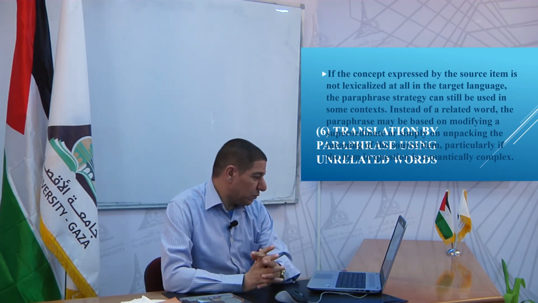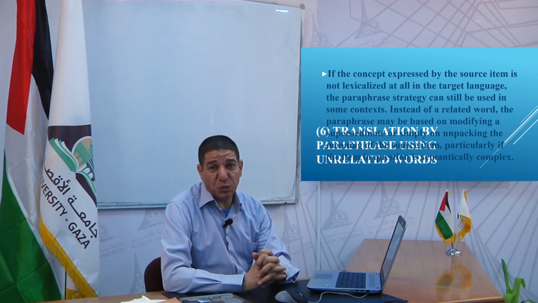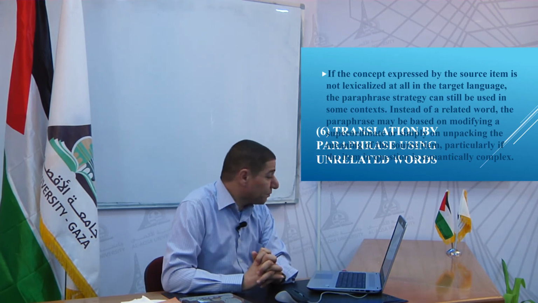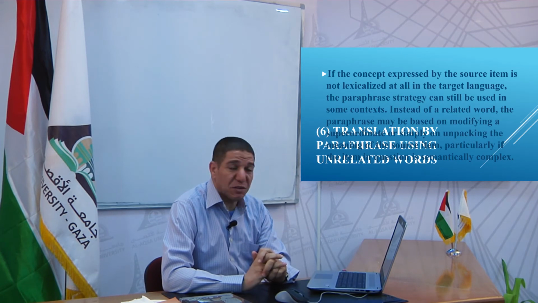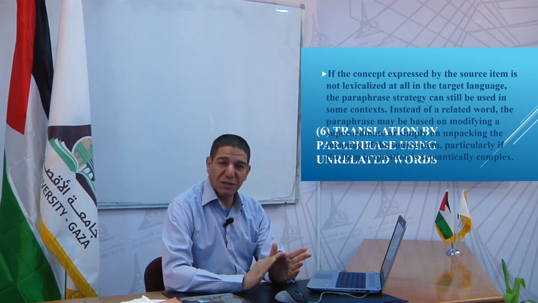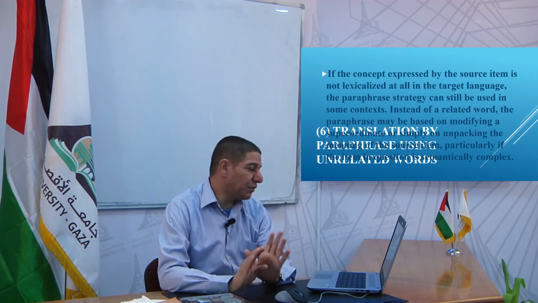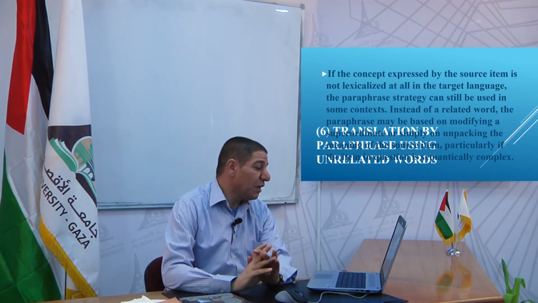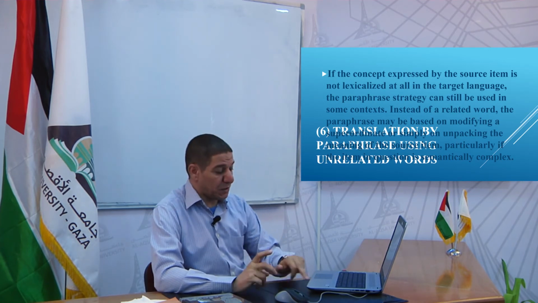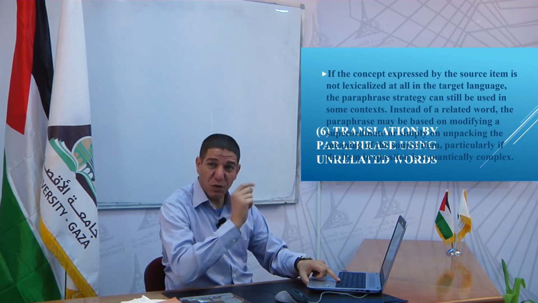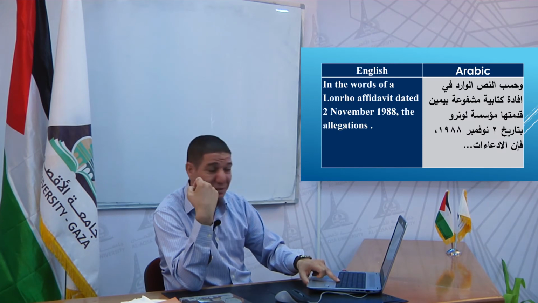Now, number 5 was about translation by paraphrase using related words. مستحضر يشبه الكريمة. But here in number 6, translation by paraphrase using unrelated words. That one was related words, this one unrelated words.